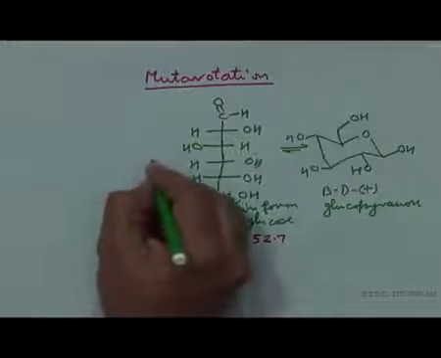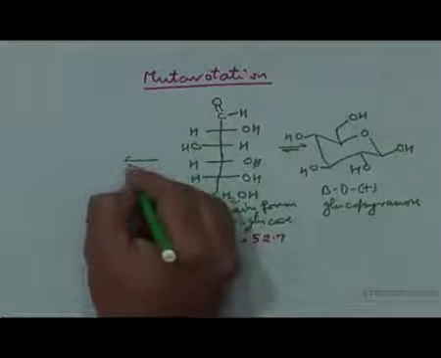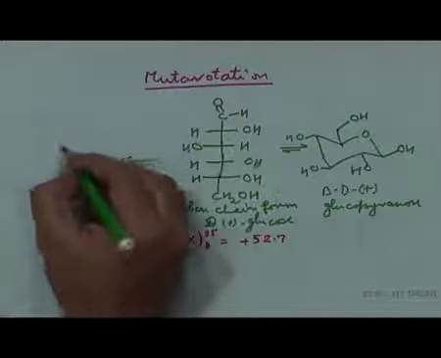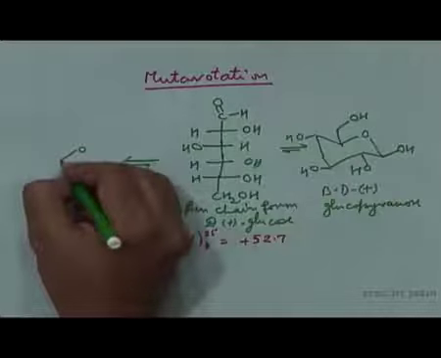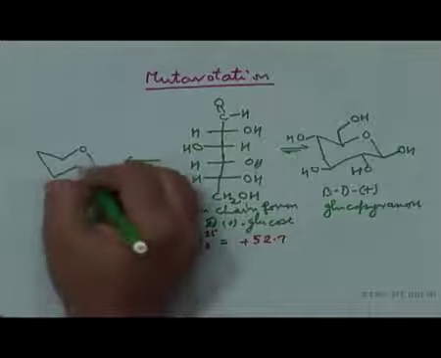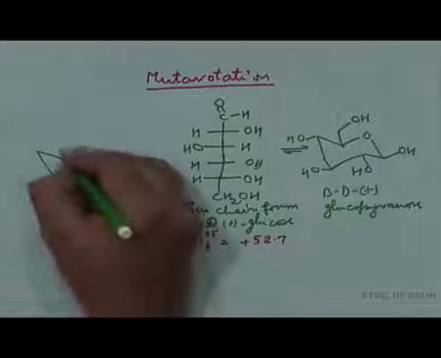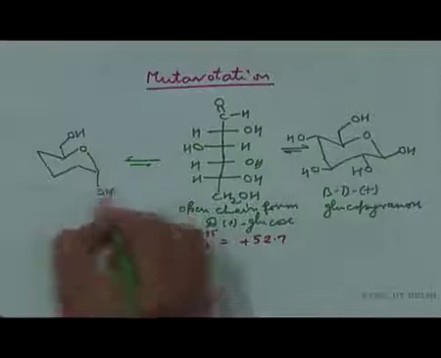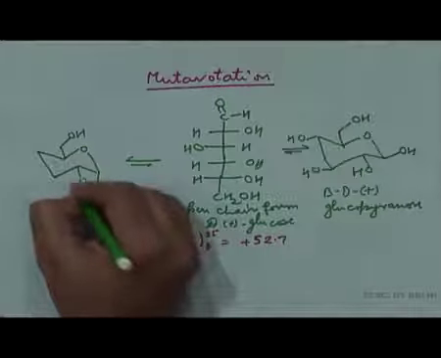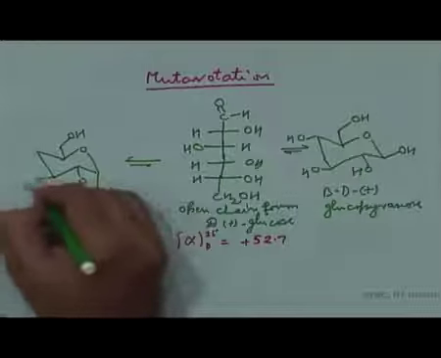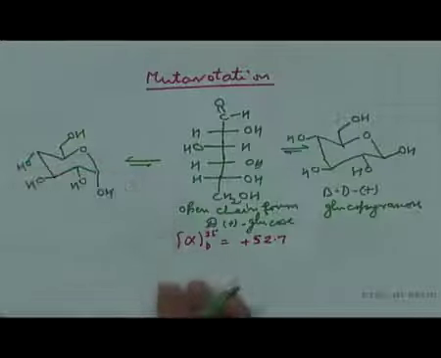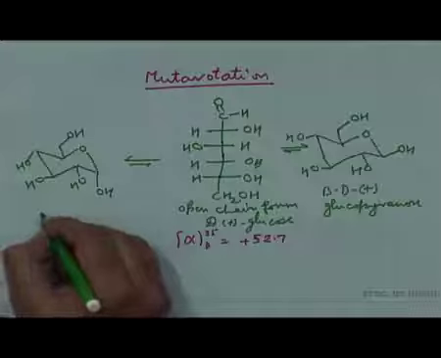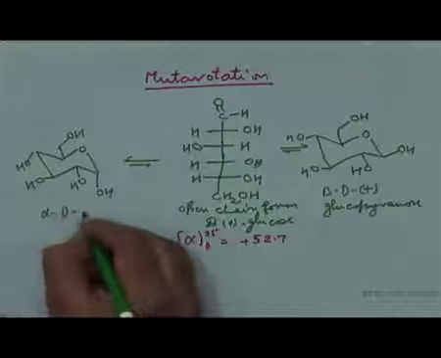And the other possibility is where it is opposite to the CH2OH. So, this is CH2OH and opposite to that, this acetyl is known as alpha D-glucopyranose.